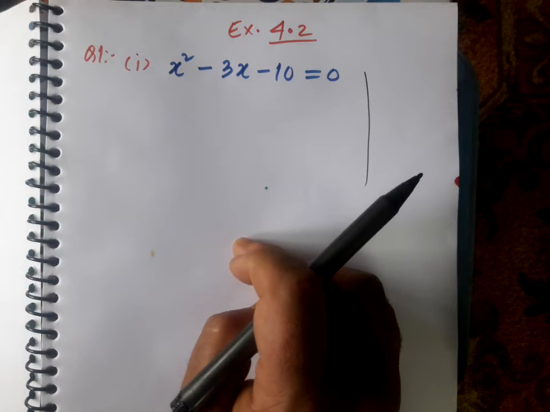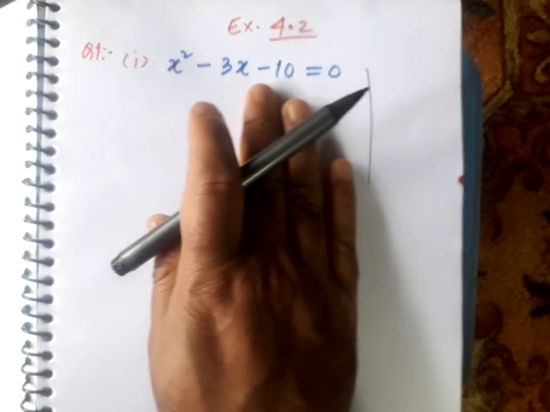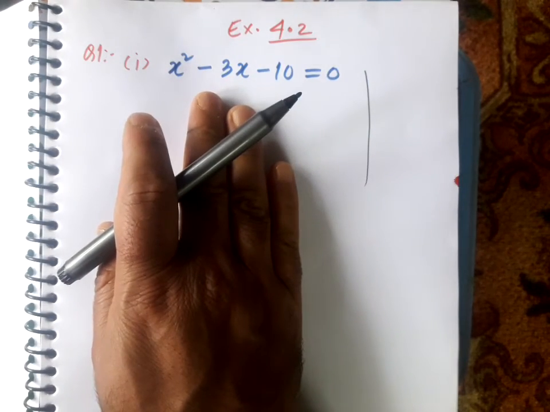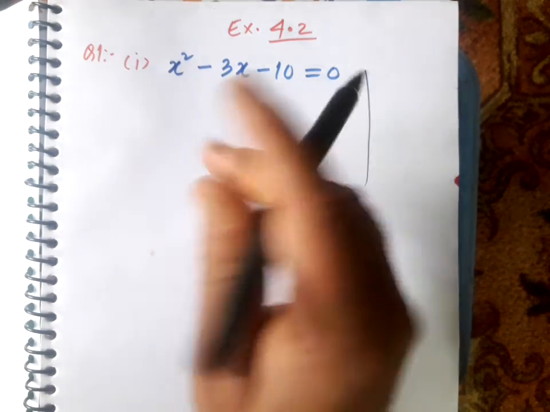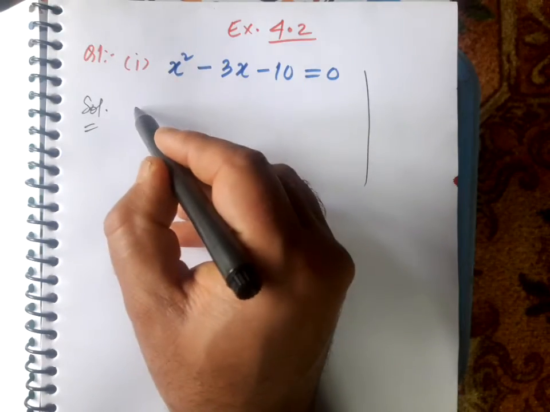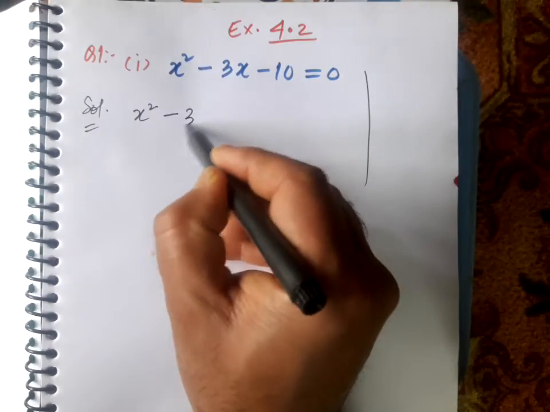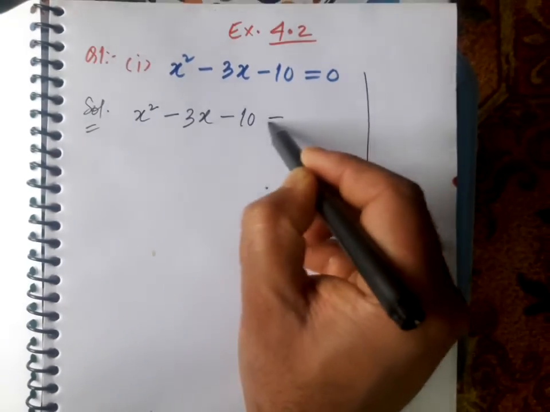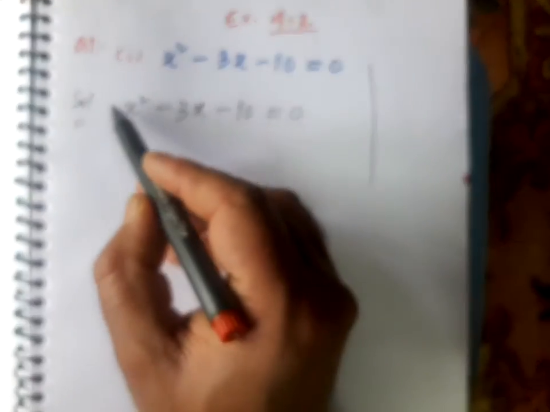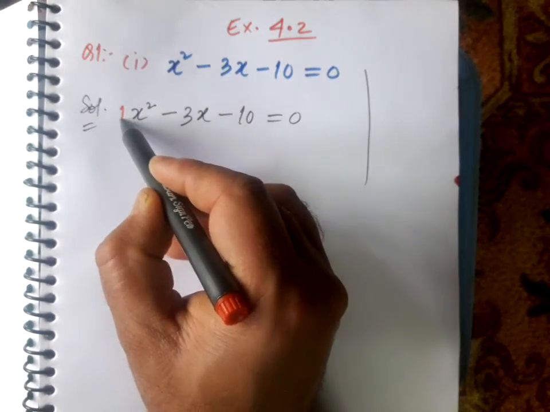In a similar way, we can factorize the left hand side of the equation by splitting the middle term. So let's solve it. We have the given equation x squared minus 3x minus 10 equal to 0. On the left hand side, the leading coefficient is 1.